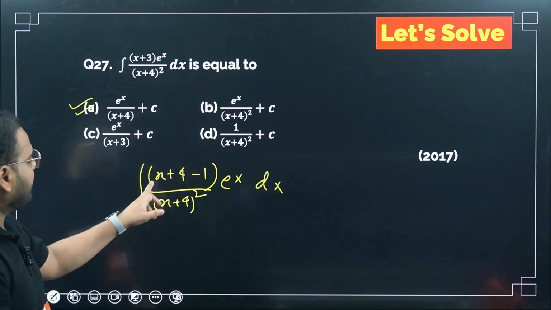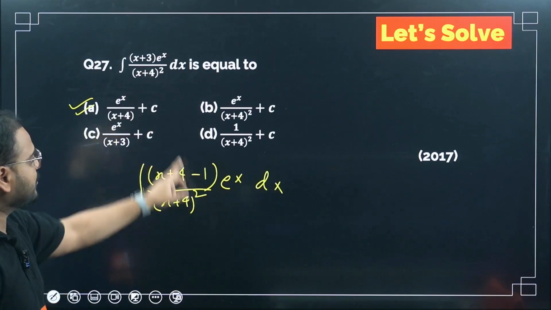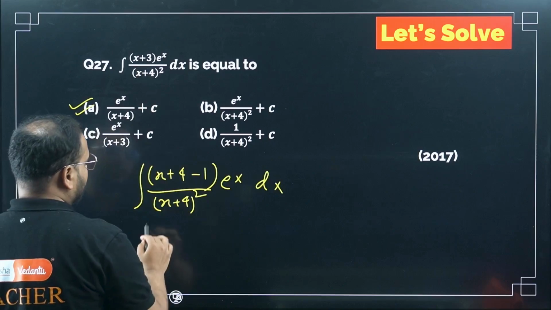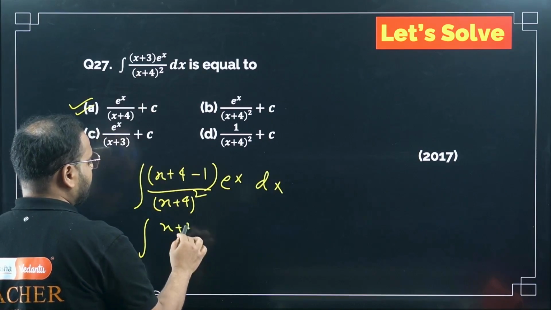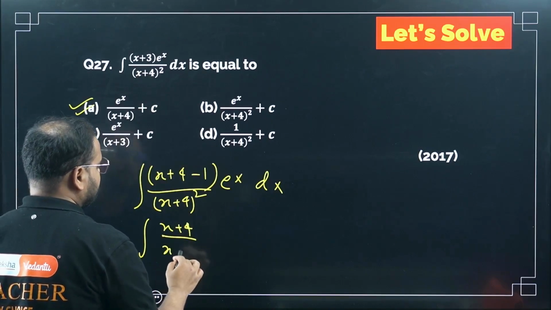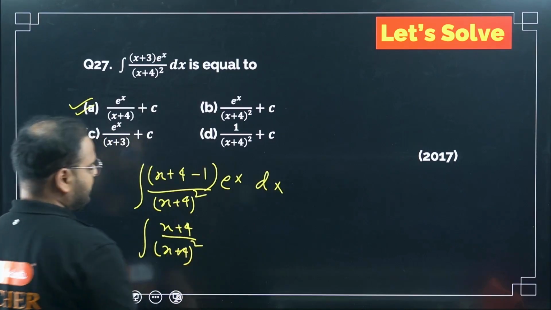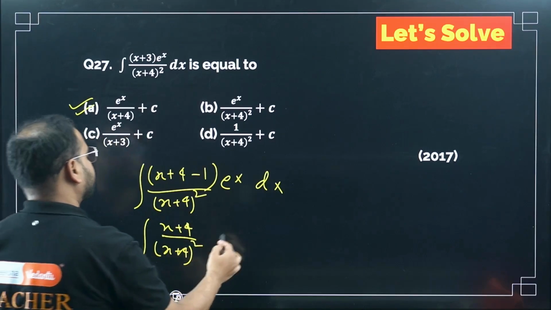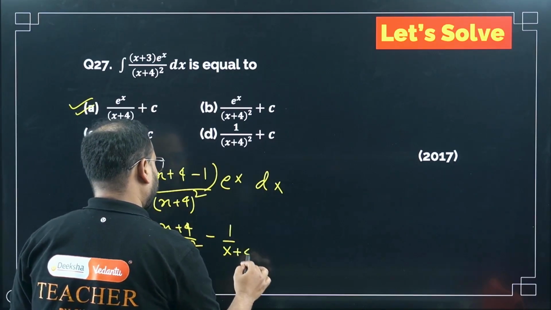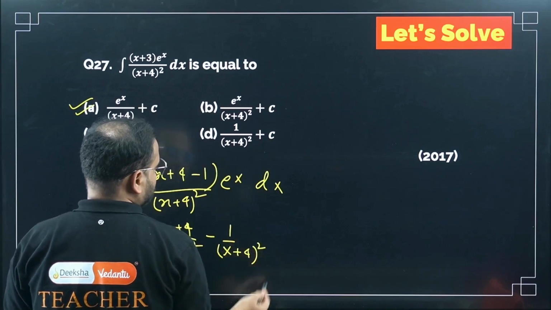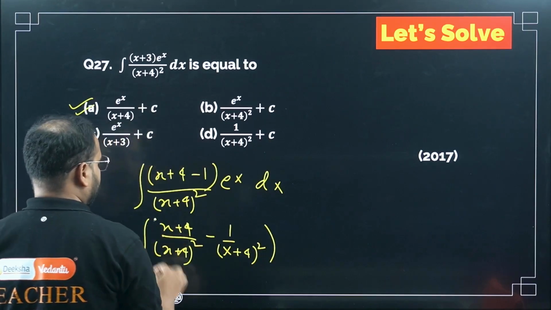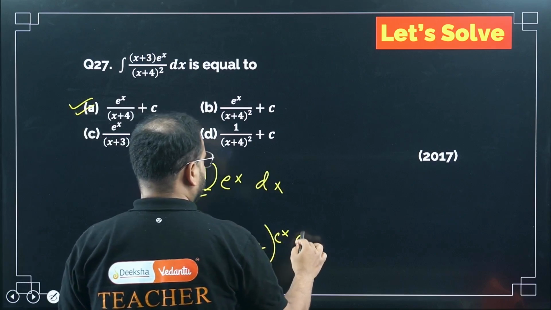Right, sir? X plus 4 minus 1 is what? X plus 3 only, no? So I can separate it now. X plus 4 by x plus 4 the whole square minus 1 by x plus 4 the whole square, with e power x and dx.